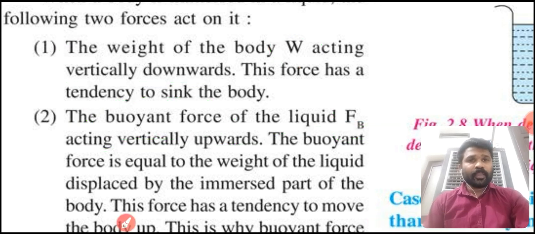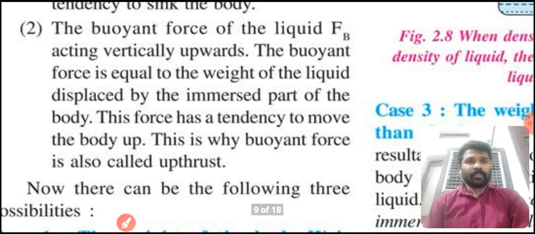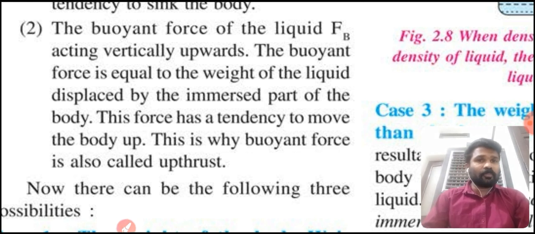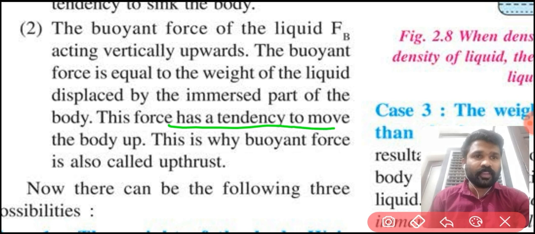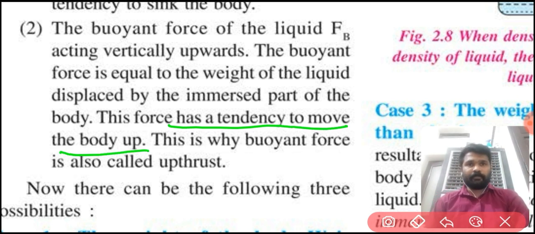Okay students, the buoyant force is equal to the weight of the liquid displaced by the immersed part of the body. This force has a tendency to move the body up.